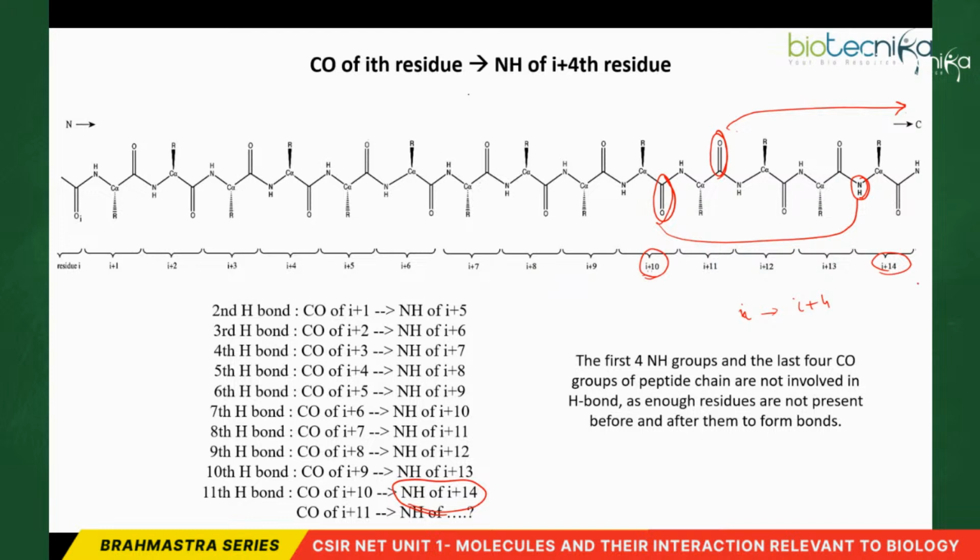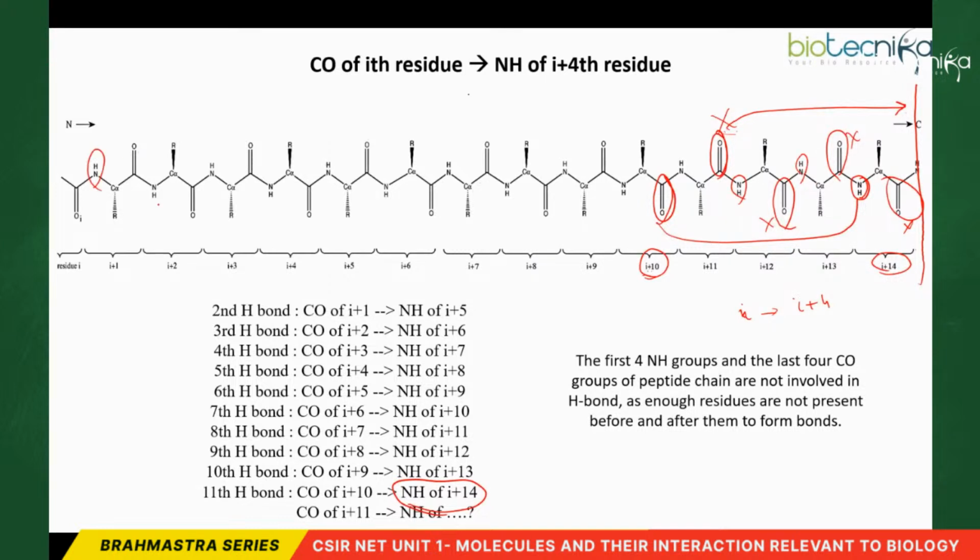But there is no I plus 15, because this is only till the protein structure. So this CO cannot form a bond. This also cannot form, this also cannot form, this also cannot form. So the last four CO will not be able to bind. They would have only hydrogen bonds with the NH groups, not with the CO groups.